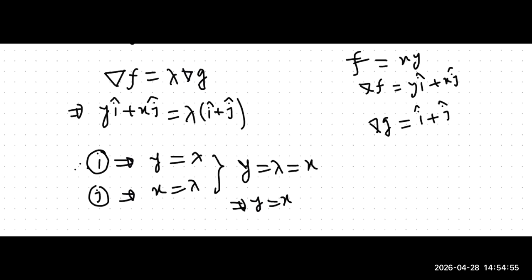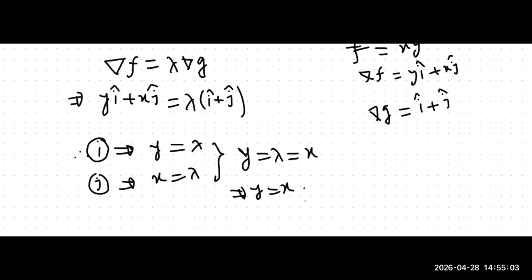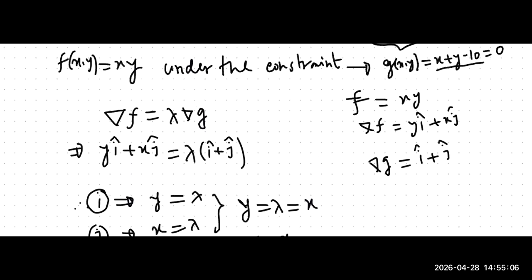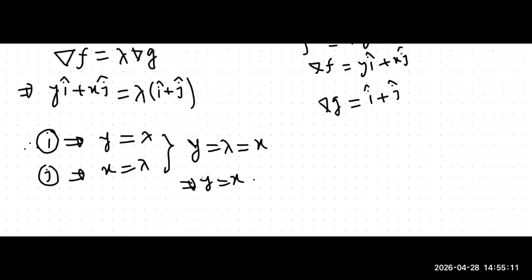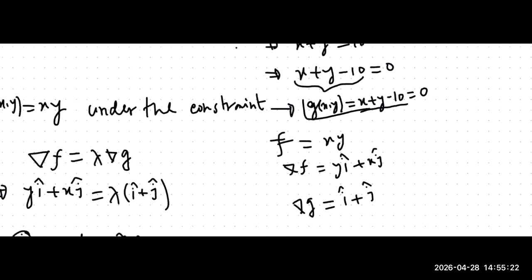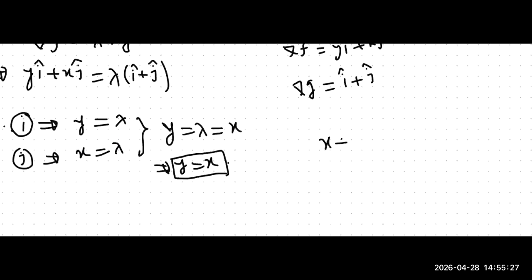So it is fairly clear that if we take length and width to be the same quantity, in that case we can maximize the area. Okay, so let's calculate the values of x and y. For the maximization of area, y is equal to x, that means length is equal to width. From the constraint we already know that x plus y minus 10 equal to 0, which is one condition, and from maximization we get another condition, x is equal to y.